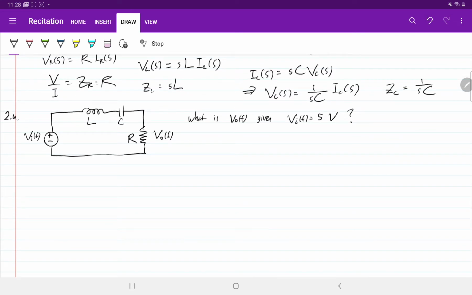This way we can use voltage division to find the voltage on the resistor.